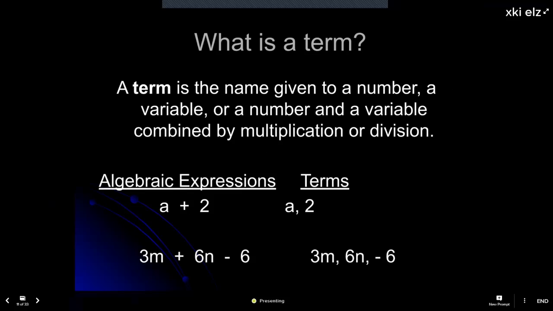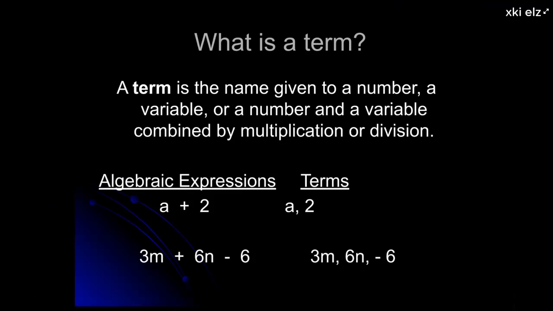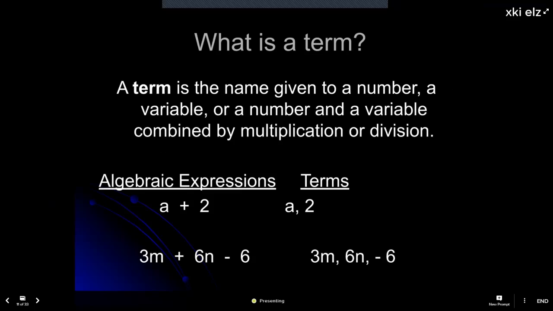All right, what is a term? A term is the name given to a number, a variable, or a number and a variable combined by multiplication or division. So algebraic expressions, we have a plus 2. We have the terms a and 2. There's two different terms. We have 3m plus 6n minus 6. 3m is one term because they're stuck together like a little family.